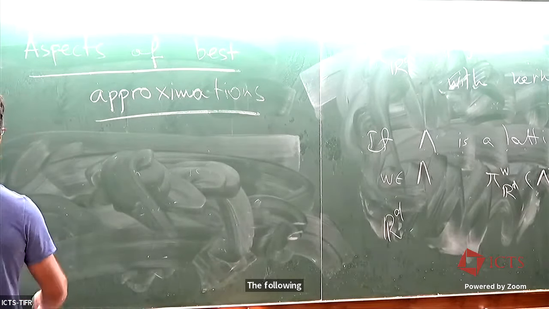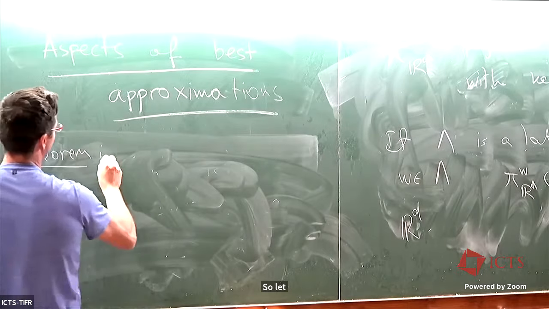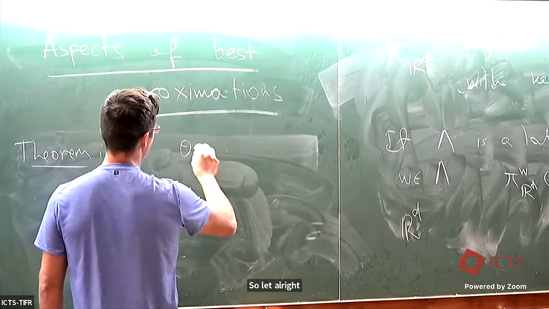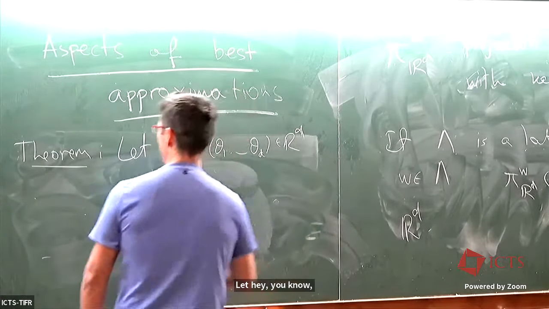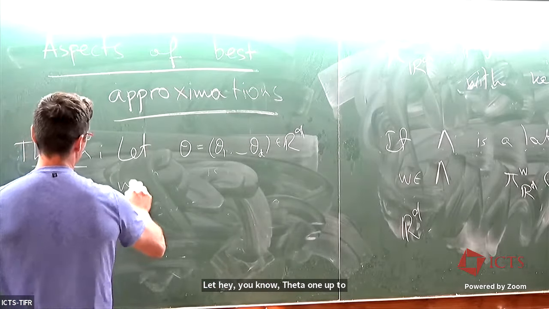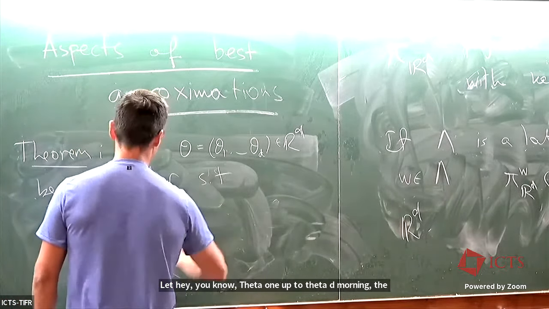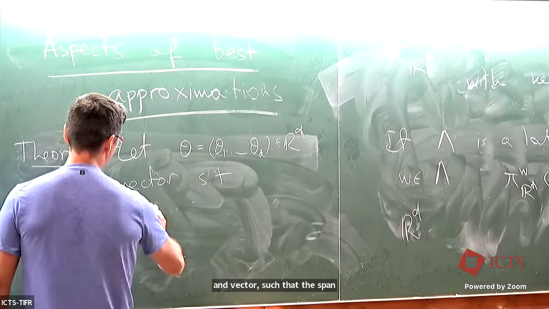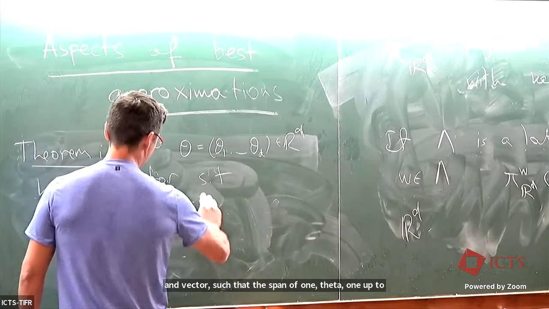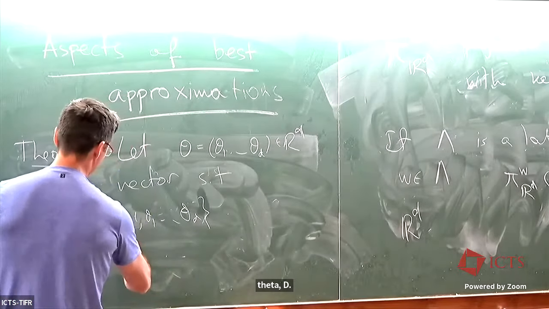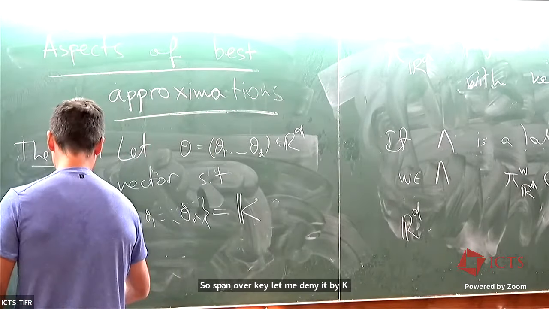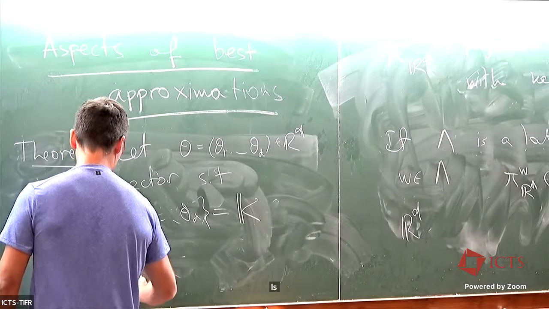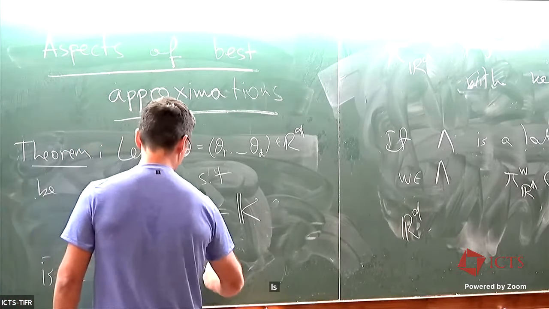So let theta = (theta_1, ..., theta_d) in R^d be a vector such that the span over Q of 1, theta_1, up to theta_d, let me denote it by K, is a totally real number field.